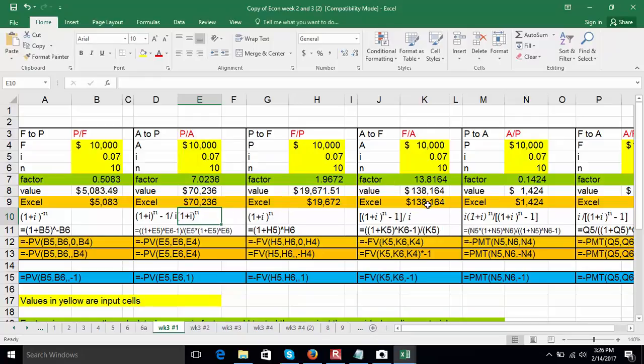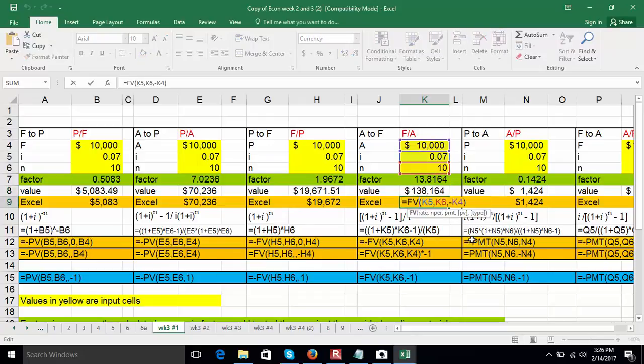Now let's look at the future to annuity. We've already done all of the math, the hard stuff. So there that is again. That's the value that comes up. We do the multiplication, and now in Excel, we're using the future value again.